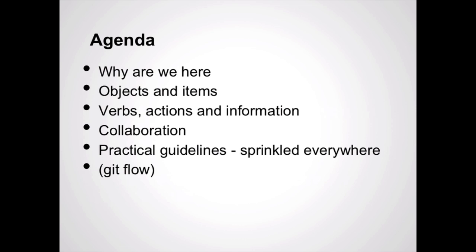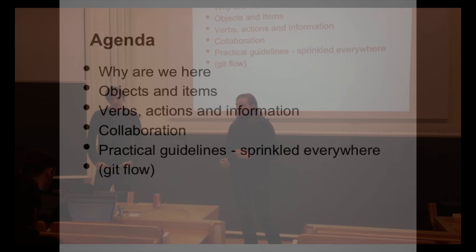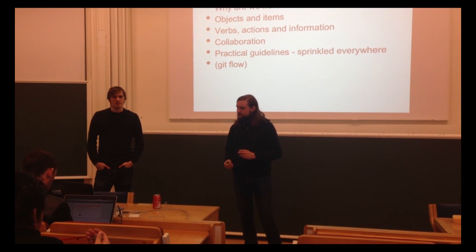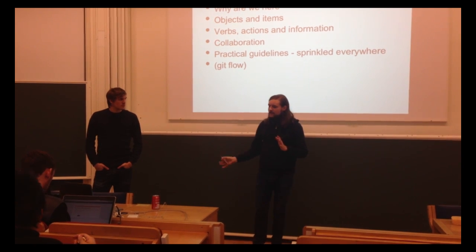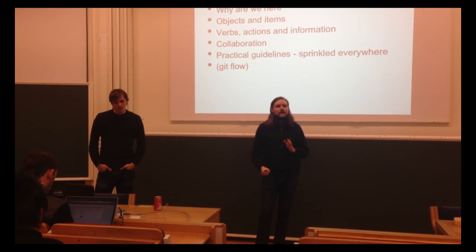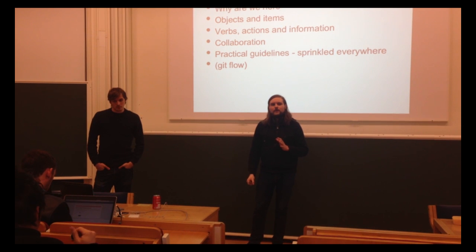Git introduces a bunch of objects and items which we will present, and also a few verbs and actions which you use every day to manipulate the system and your work in coordination with the system. We will also talk about collaboration, which means working together in a team, closely with GitHub. Also some practical guidelines which are sprinkled everywhere in the presentation, so watch out. And if there's time, we will do something about Git flow.